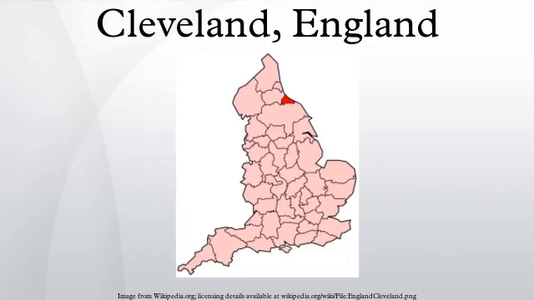One of the best-known symbols of Cleveland is the distinctive hill of Roseberry Topping, which overlooks Newton under Roseberry on the Great Ayton to Guisborough Road. Its original roughly conical form was undercut by extensive mining, giving it a jagged appearance that many have thought reminiscent of the Matterhorn mountain. Geographical features: Cleveland Hills, Roseberry Topping, River Tees.